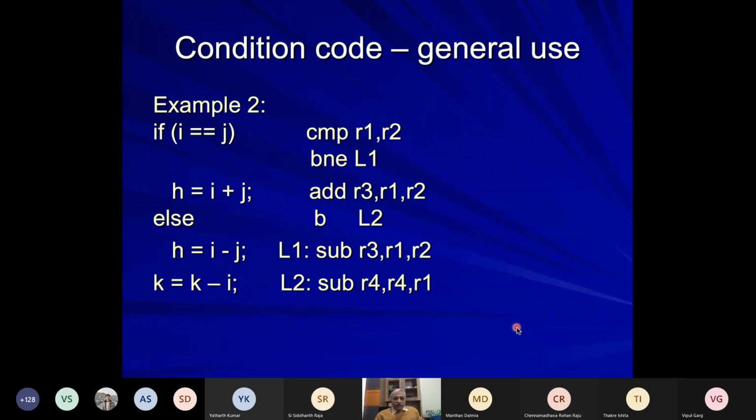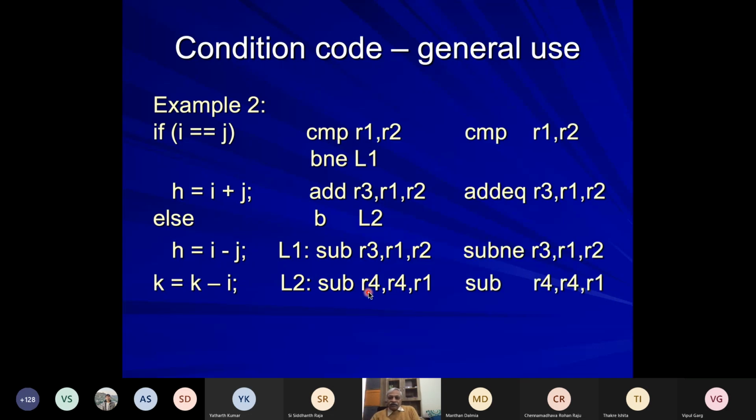Let me take another example where you have both a then part and an else part. Again, some comparison is being done, and you either do this addition or you do this subtraction. One way of implementing this is through branch instructions. Compare, then there is a conditional branch, perform this addition, and then unconditionally skip the subtraction. You go to L2 straight away.